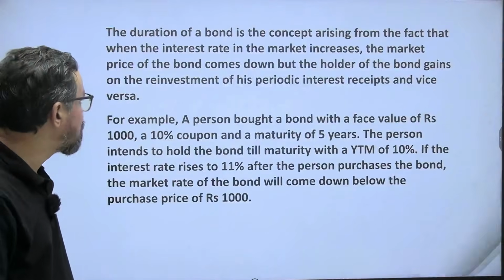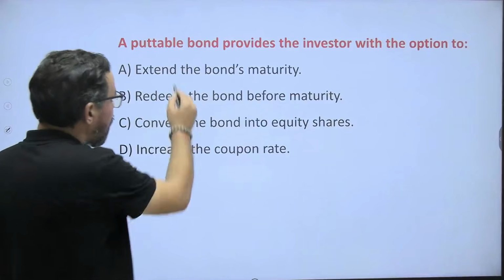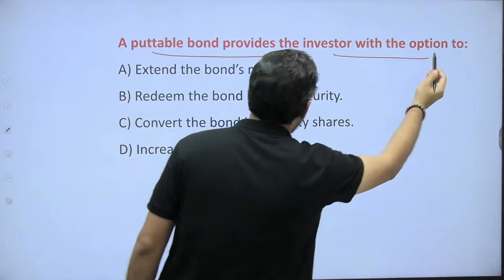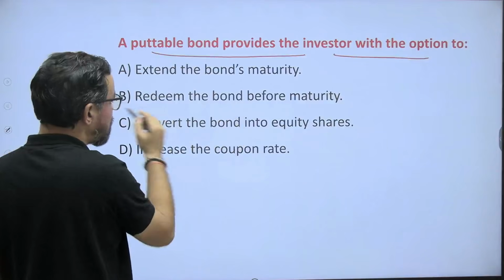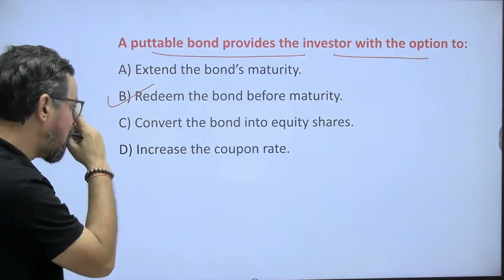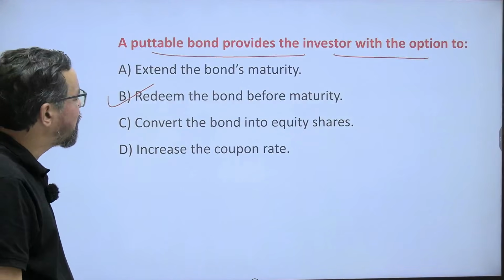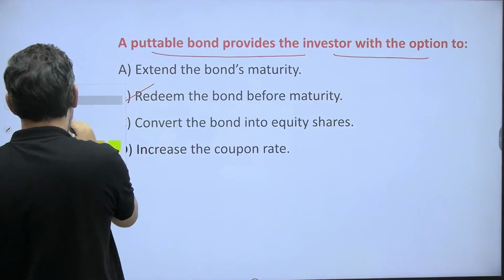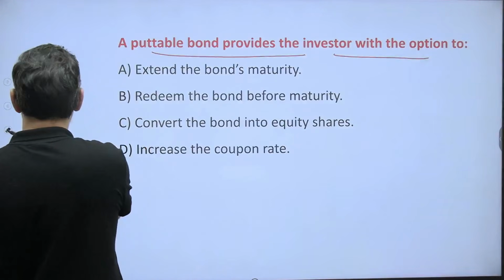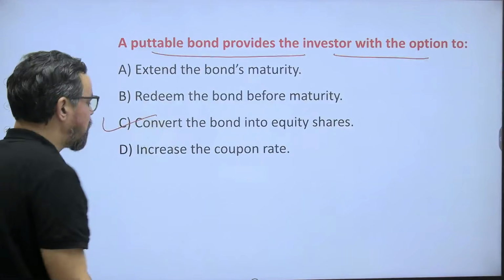Next one, a puttable bond provides the investor with the option to extend, convert or redeem the bond before maturity. Redeem means buyback. Convert the bonds into equity would be the case for convertible bonds.